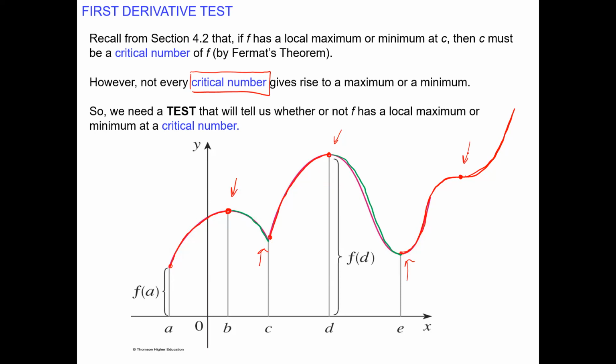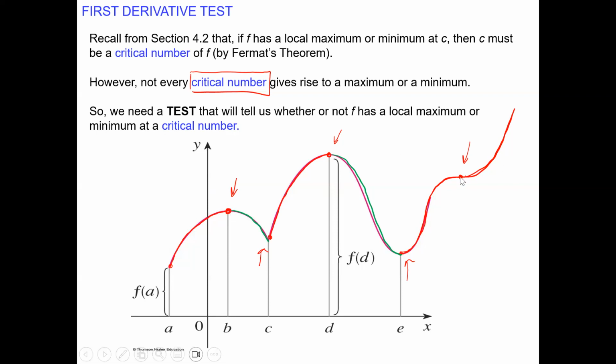And then we may test the numbers, which is the first derivative test. We can use the first derivative test to determine the intervals for monotonicity, and then consequently, we will identify if the critical number is giving us local maximum or local minimum.